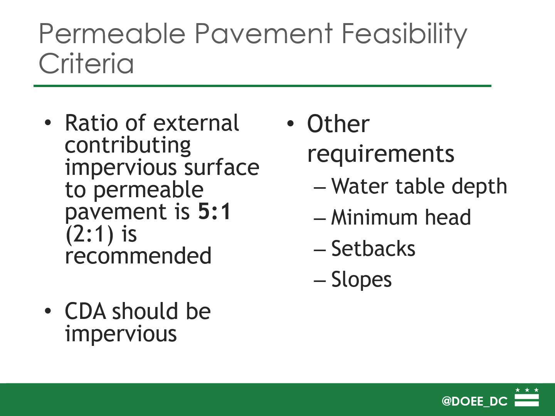Research has shown that if there's a lot of sediment being contributed from the CDA, and if there's just too much contributing external area to the permeable pavement surface, it increases the rate of clogging because of that excess sediment loading. So we limit it to 5 to 1, but we recommend much lower.